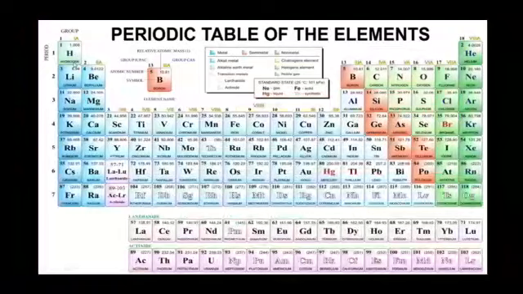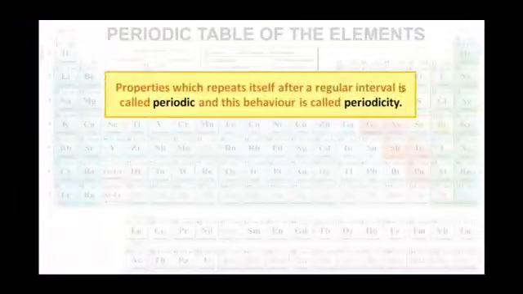Here, the properties of sodium are similar to the properties of lithium, and this is termed periodic. Therefore, properties which repeat themselves after a regular interval are called periodic, and this behavior is called periodicity.